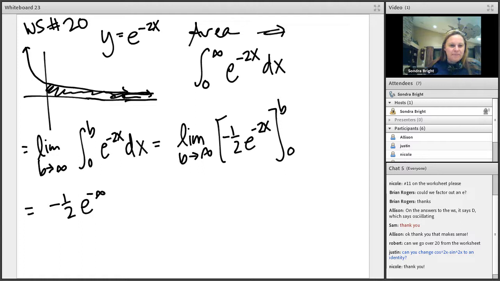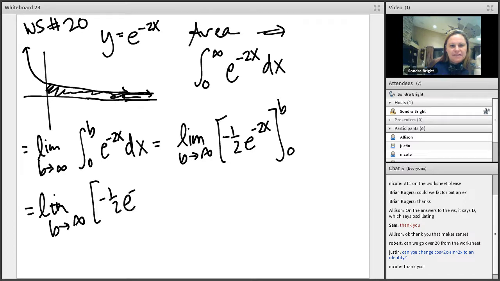Oh, I should probably have plugged in a b. Hold on. I like to cheat and not have my notation proper, which is really bad. Okay. I'm going to take the limit as b goes to positive infinity of negative 1/2 e to the negative 2b minus negative 1/2 e to the 0.